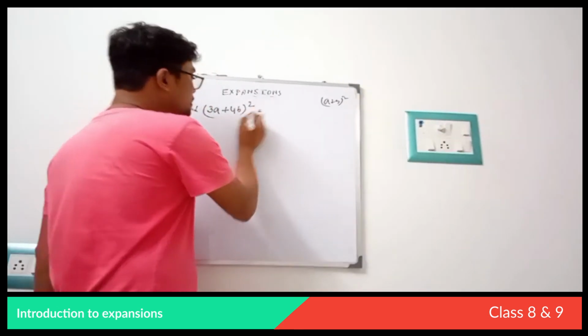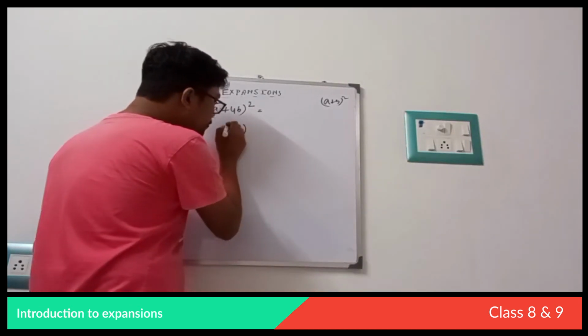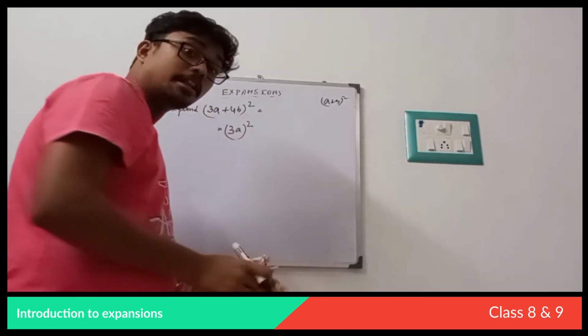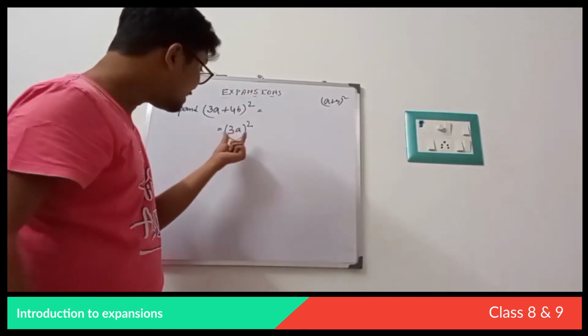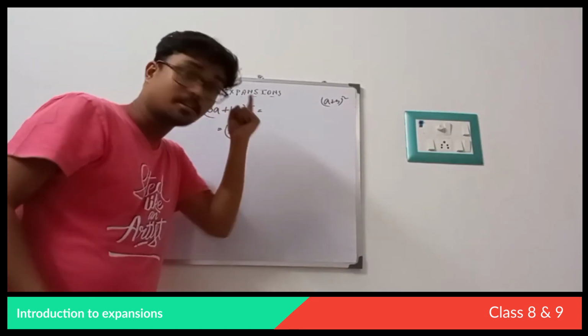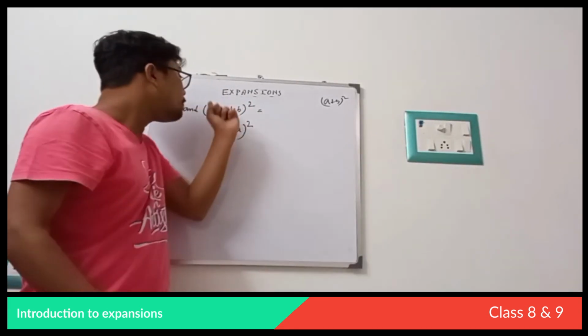So, a square means 3a whole square. Not 3a square, but 3a whole square, because the whole term is a, so we have to square the whole term.